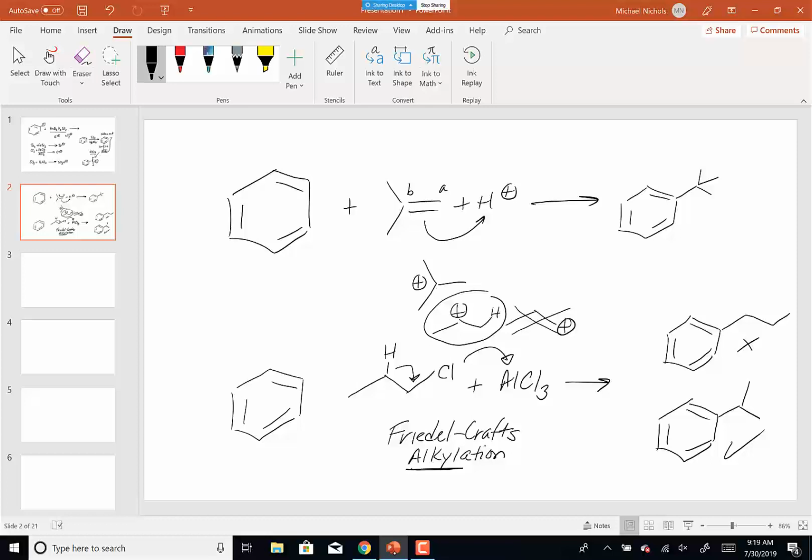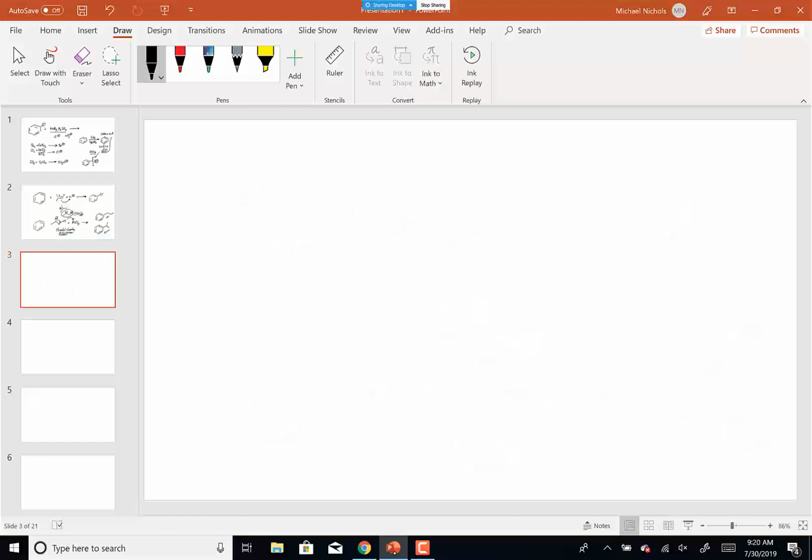The other methyl group. Right, so this hydrogen right here is this one as it moves over to this carbon, and then the chlorine leaves. Let me rewrite it. If I wrote the arrows, it would look like this. The carbon-chlorine bond's going to break, and the chloride's going to go to the aluminum.